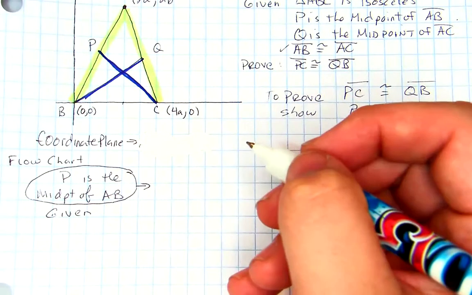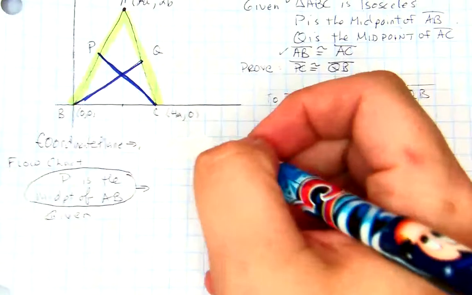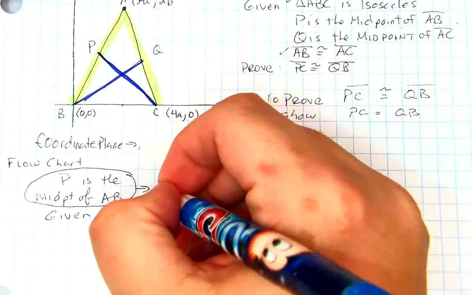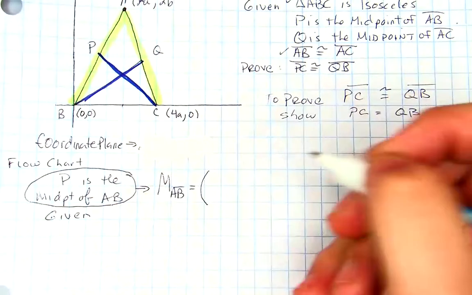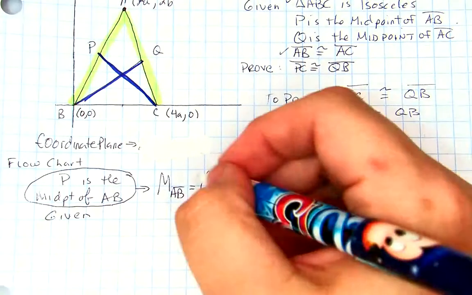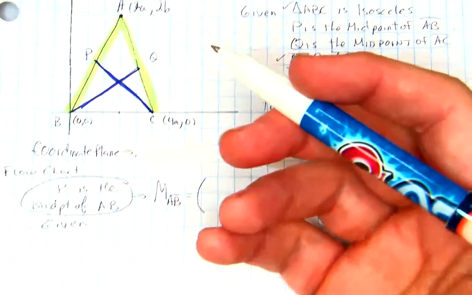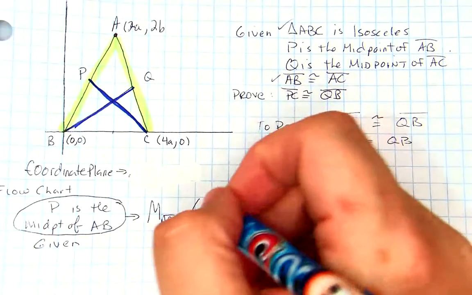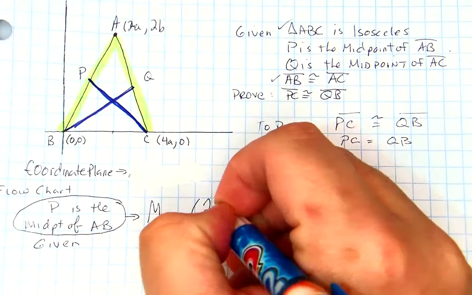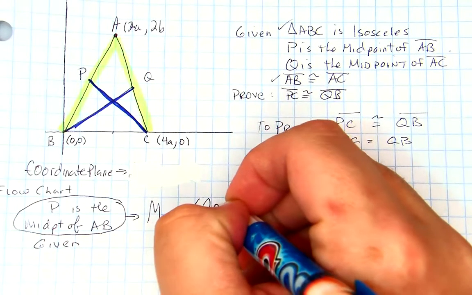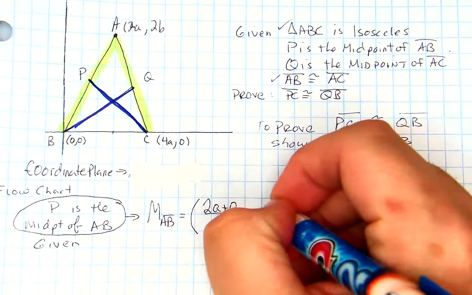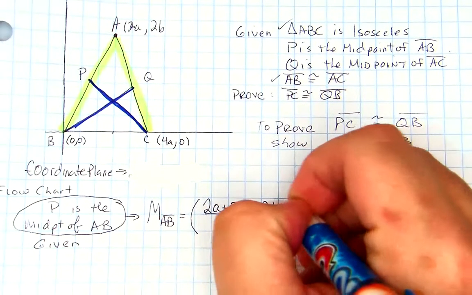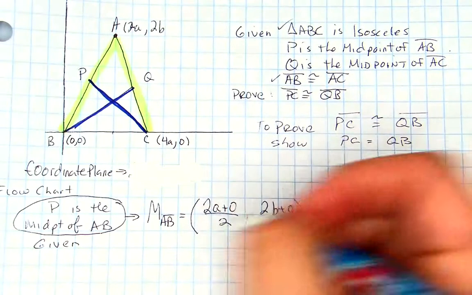So the midpoint formula says, that's A. The midpoint of AB is, in the coordinate plane, you take the two x's, 2a plus 0 divided by 2. And then you take the two y's, 2b plus 0 divided by 2.